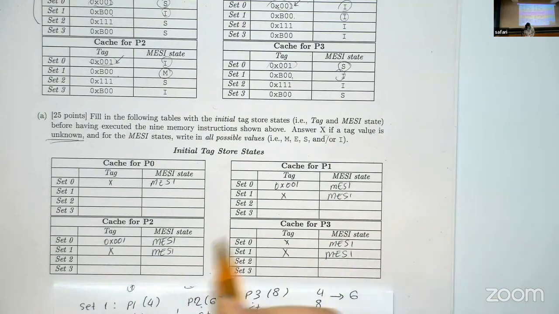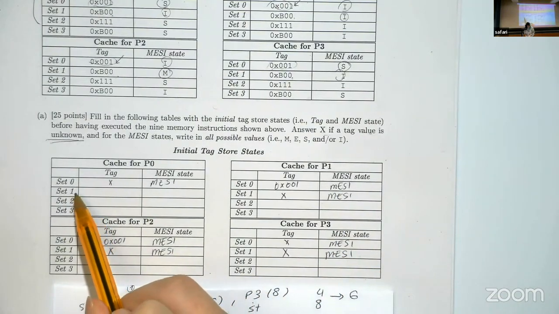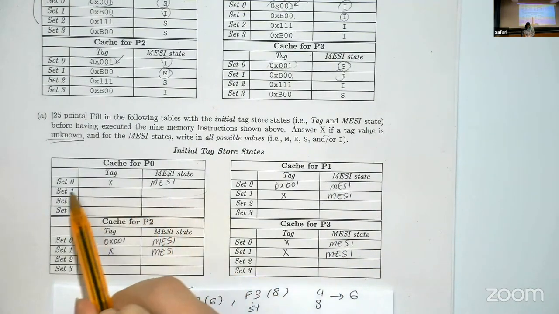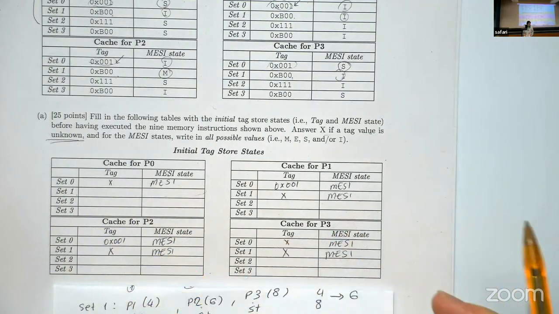Can you guess what the initial state was for this one, the tag and the state? I guess the tag should be 001 because it would not have been changed.